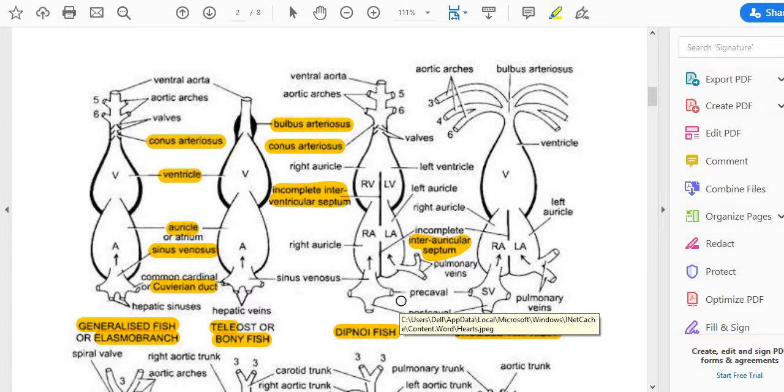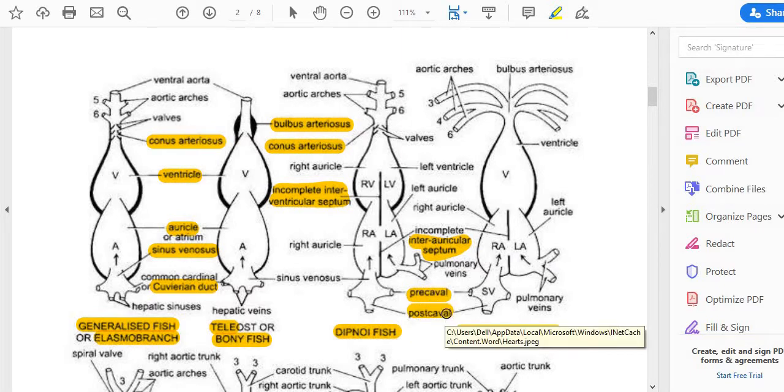So from the body parts, deoxygenated blood is collected into the sinus venosus through two kinds of vein. One is called the post-caval vein and the other is called the pre-caval vein. The pre-caval veins are 2 in number.